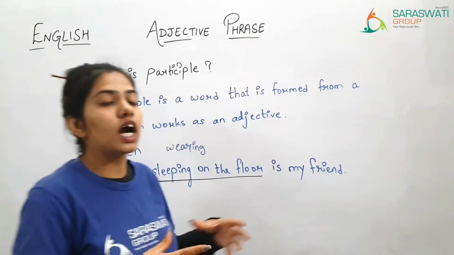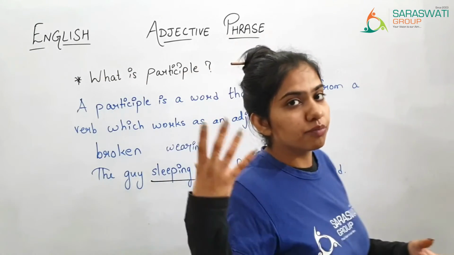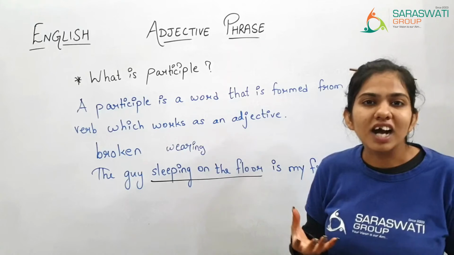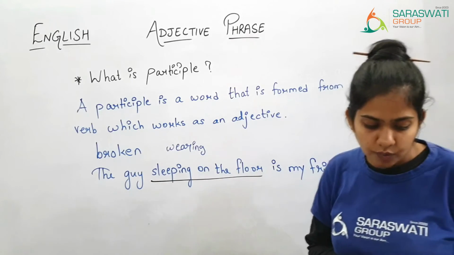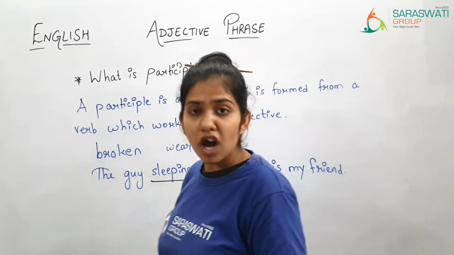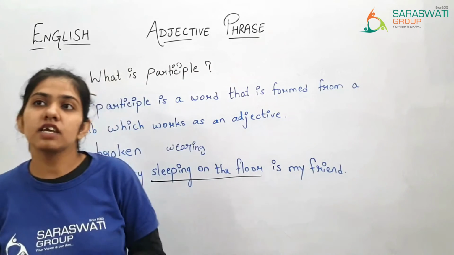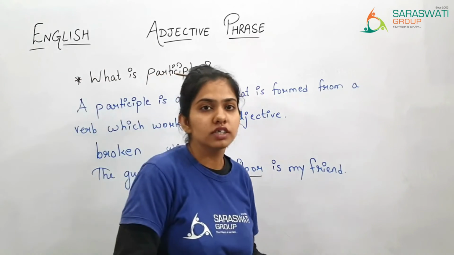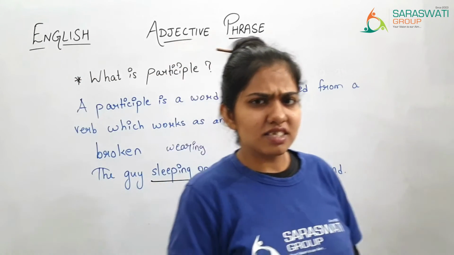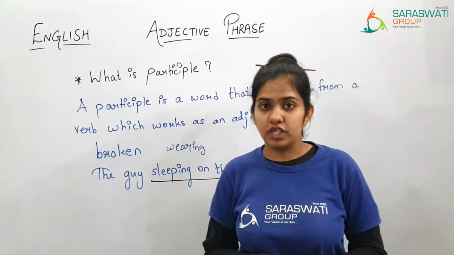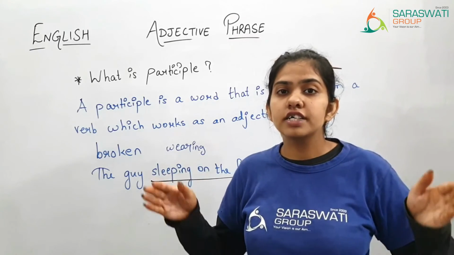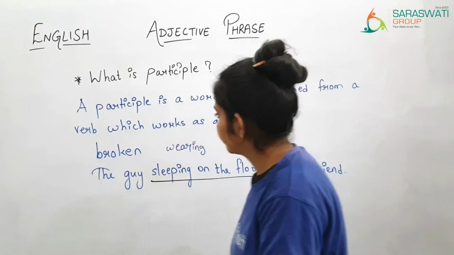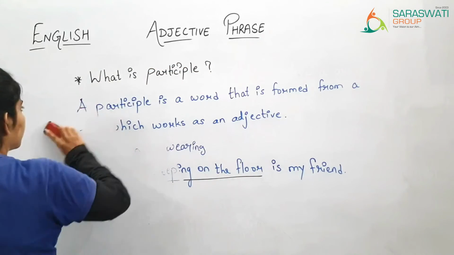The beautifully carved, what is the adjective? Beautifully. So beautifully carved is our adjective phrase, right? Now they are taking far too long. Now in the sentence, is there any adjective? No. They are taking far too long. Let me write the sentence over here.